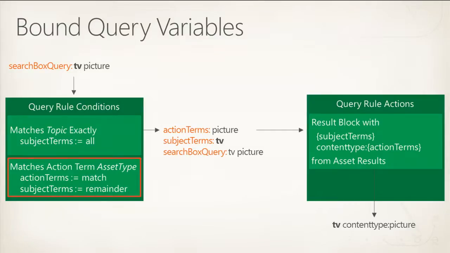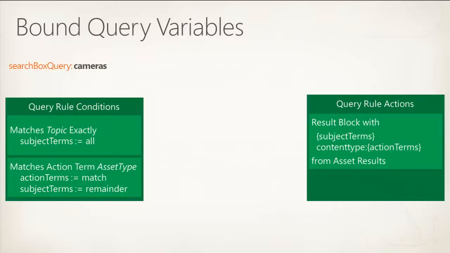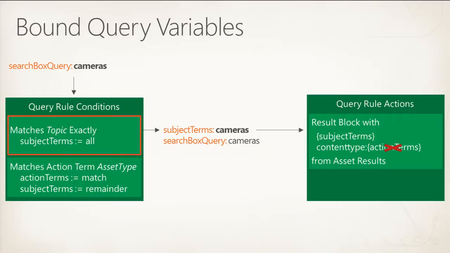But what happens when the user now searches for cameras? In comes the query. First condition matches. Subject terms is cameras. Action terms is not assigned. So this fails. What actually happens in this case is we assign the literal curly brace action terms. We keep it in the query. So it'll be content type colon and then curly braces, which is not what you want, right?